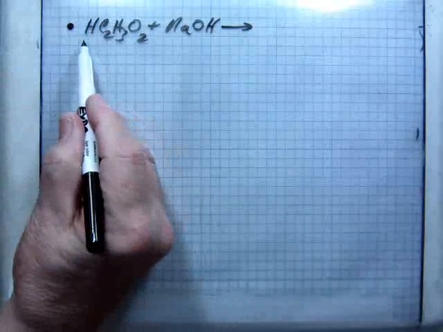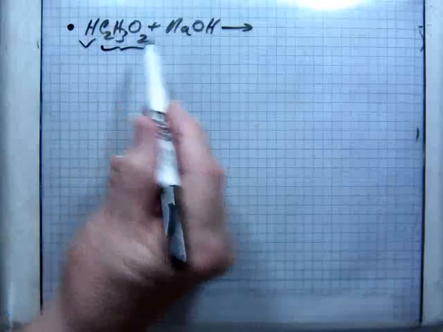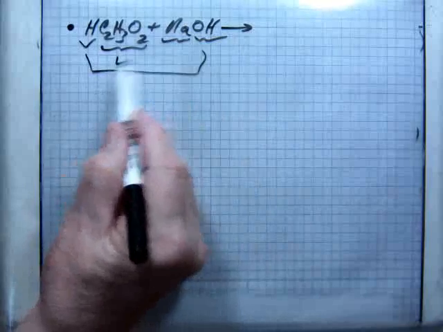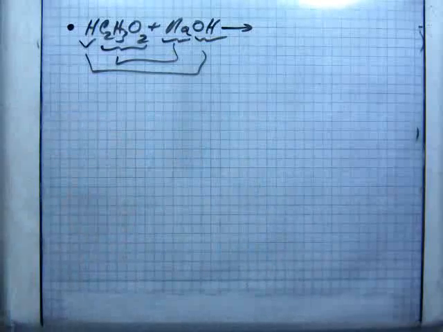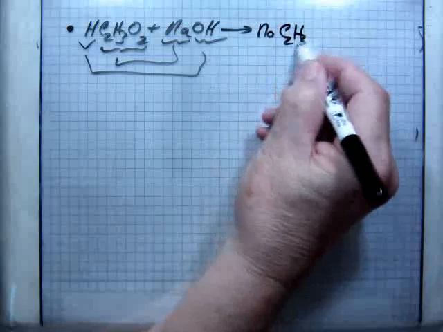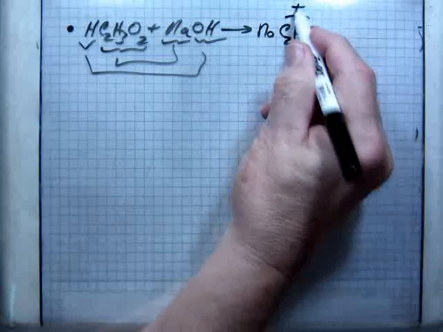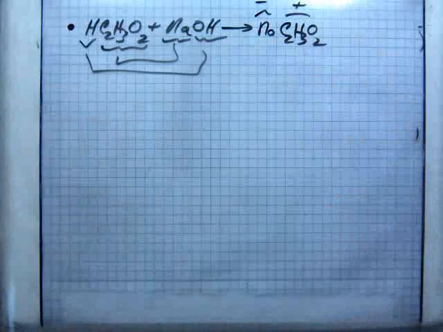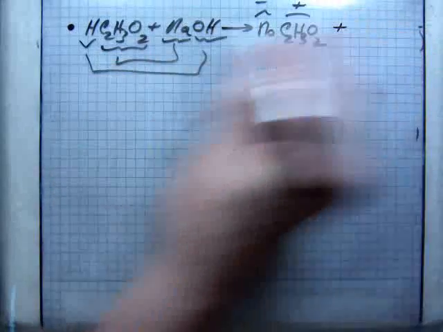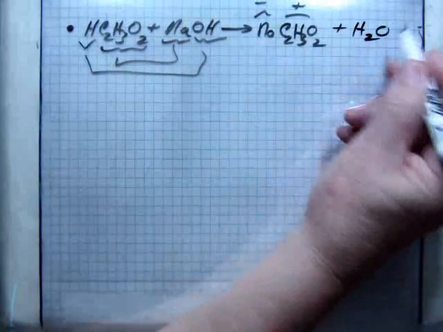So first, we will write the product. It's the AX-BY exchange, and so that would be sodium acetate, because acetate is a minus and sodium's a plus. So sum of charges equals 0, so that's the correct formula. And then you have H hooking up with the water.